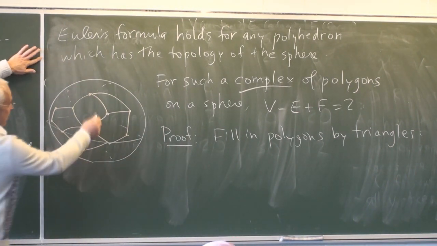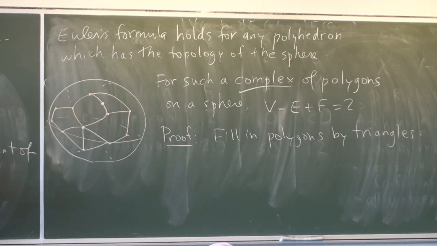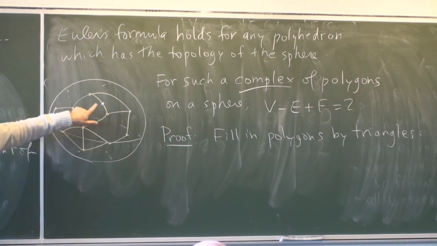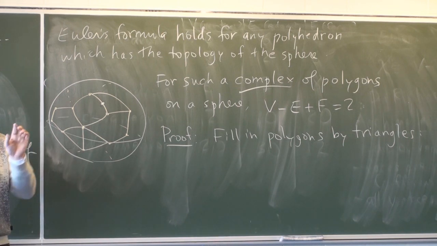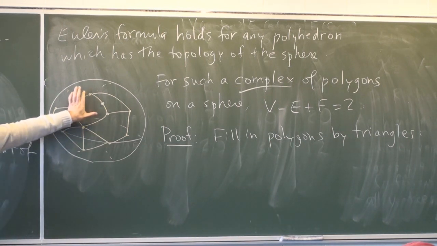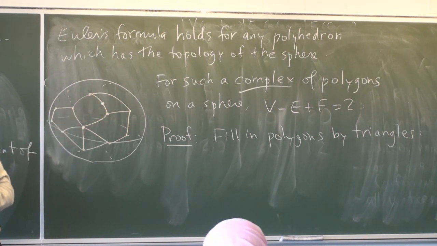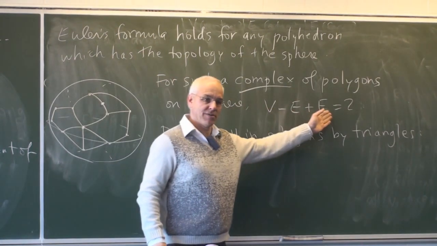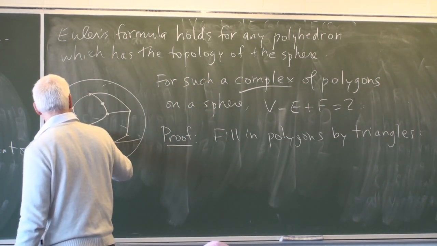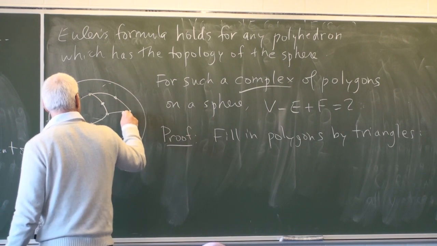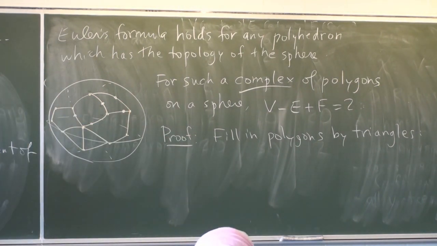We're going to possibly introduce a new vertex along an edge. If we do that operation, then we've increased the number of vertices by 1, and we've increased the number of edges by 1, because instead of having one edge here, we now have 2 separate edges. So obviously this quantity hasn't changed. So we can add vertices as we like, creating new edges as we go.